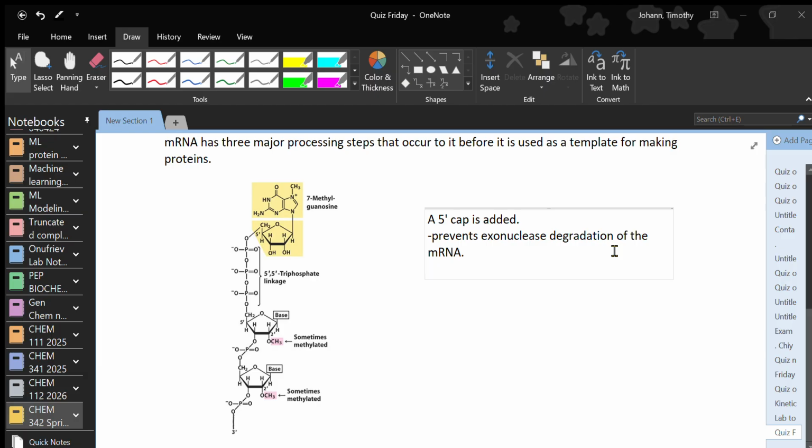What's interesting here is the cap is one of these 7-methylguanosines, so a modified guanosine. And what's interesting about it is it's attached by this 5' to 5' triphosphate linkage. This is weird. We don't really see that.